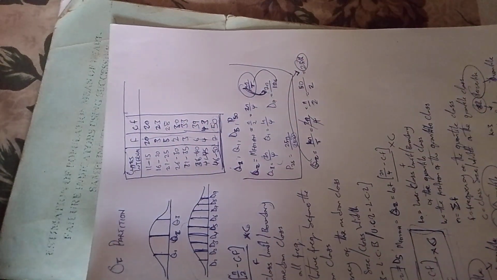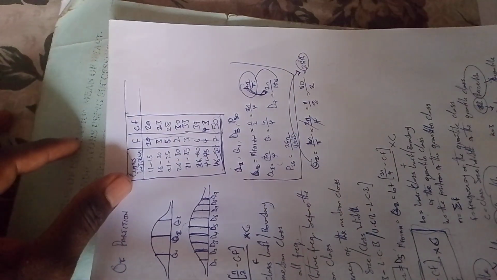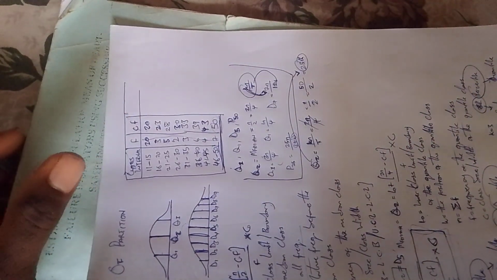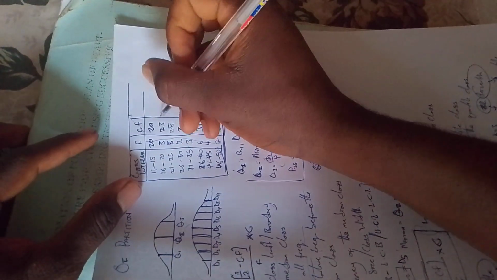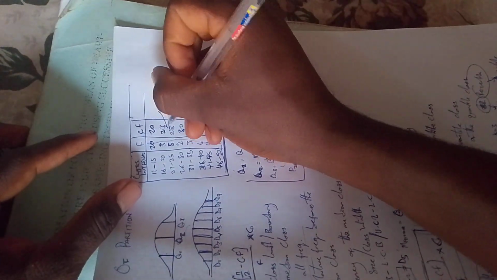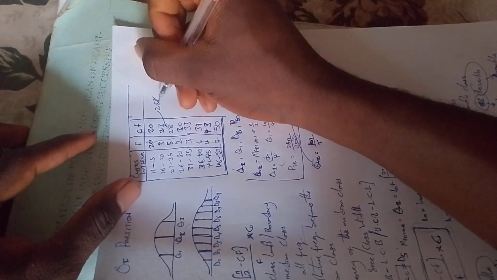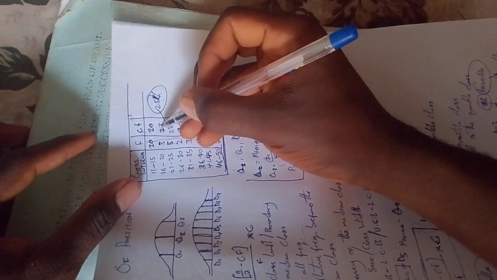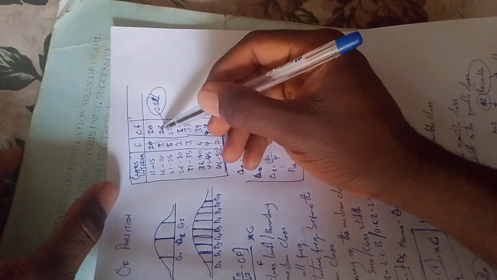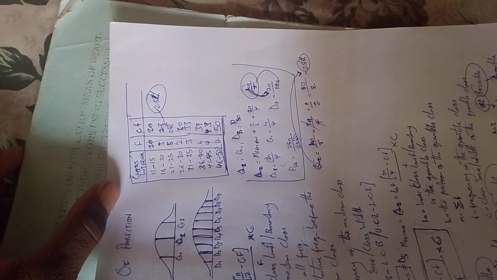Where can we find the 25th position? If you look at the cumulative frequency, you will notice that 25 is in between 23 and 28.